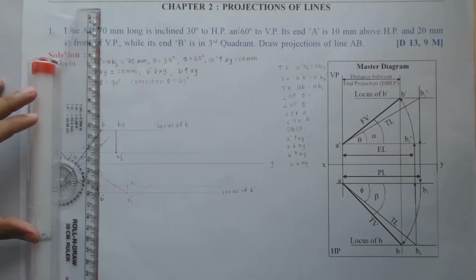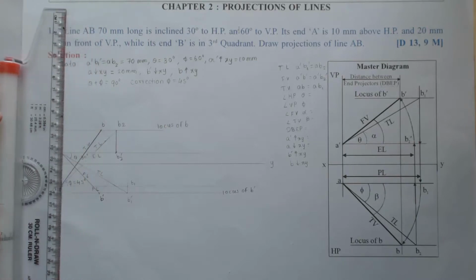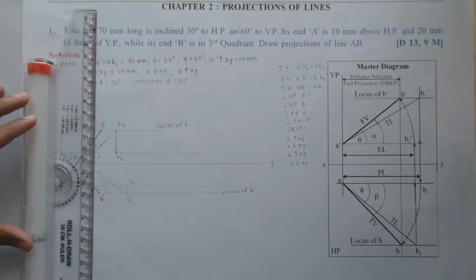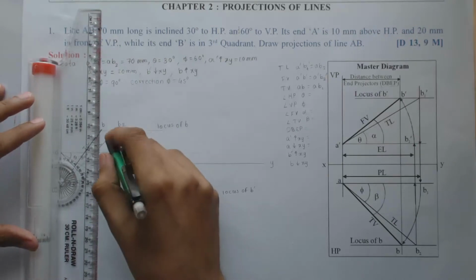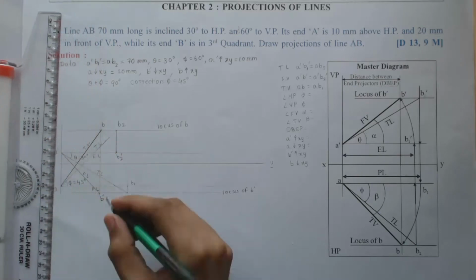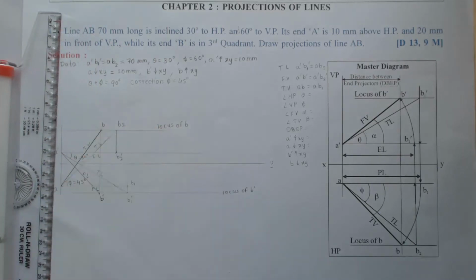Some minute error is acceptable, because here the lengths are small and angles also, so the chances of error are more. So there is slight mismatch here, but still it is acceptable.